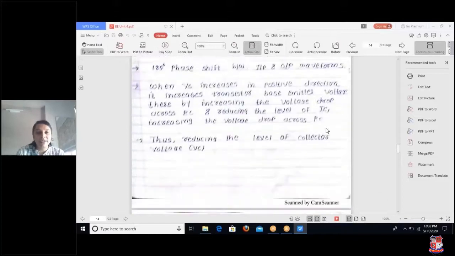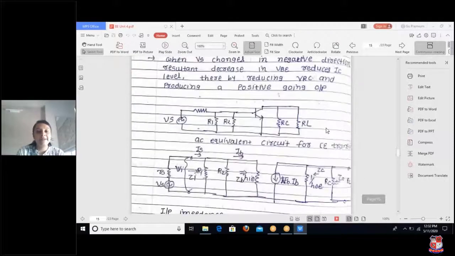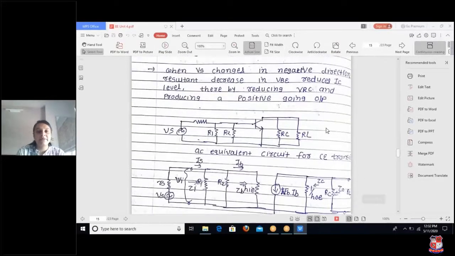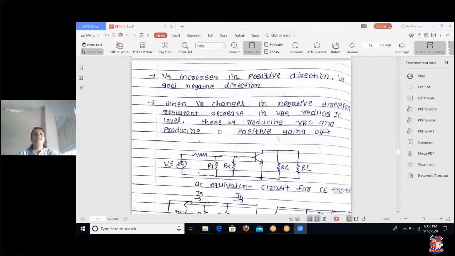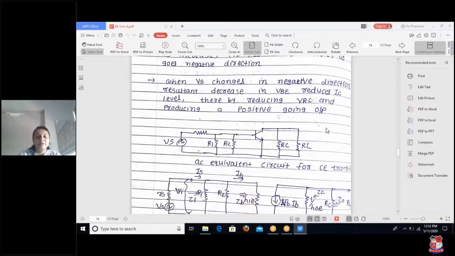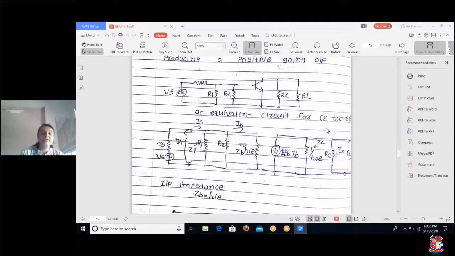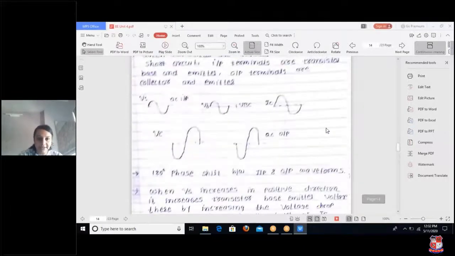Now, from the equivalent circuit we find the AC equivalent circuit, and from it we find the H parameter circuit.